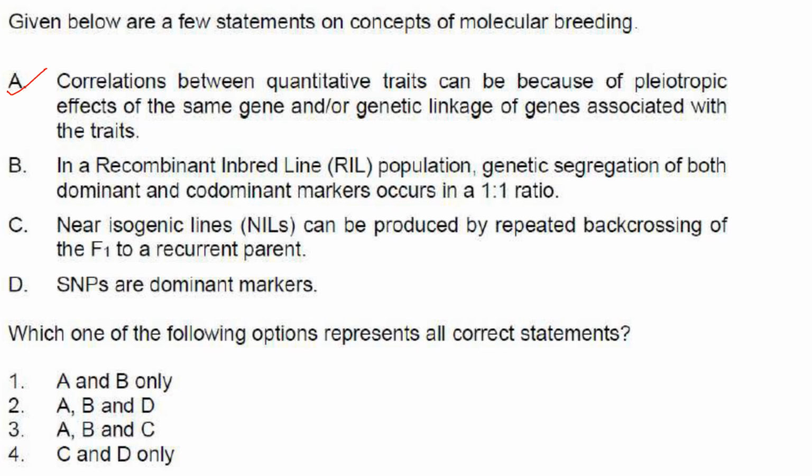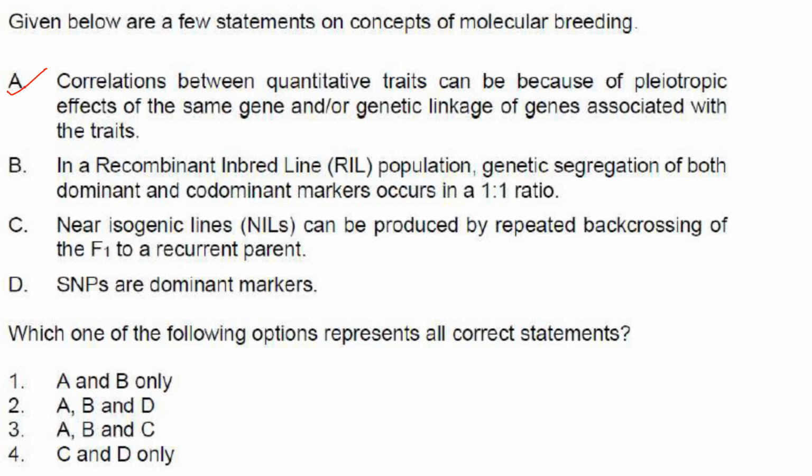Now what is pleiotropy? It is the expression of different phenotypes by a single gene. And quantitative traits are controlled by polygenes, that is, controlled by multiple genes. So genetic linkage refers to genes located close together on the chromosome being inherited together, and both these mechanisms can cause correlation between quantitative traits. So A is correct.